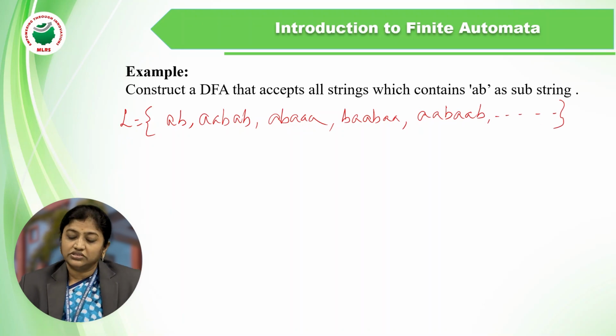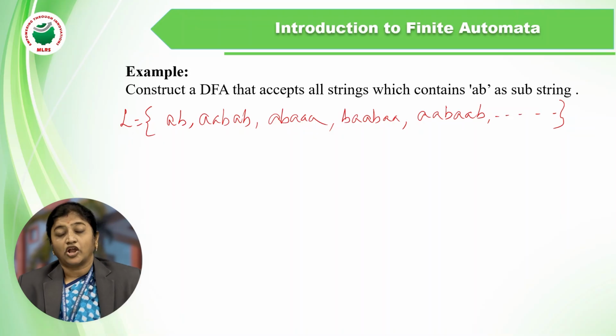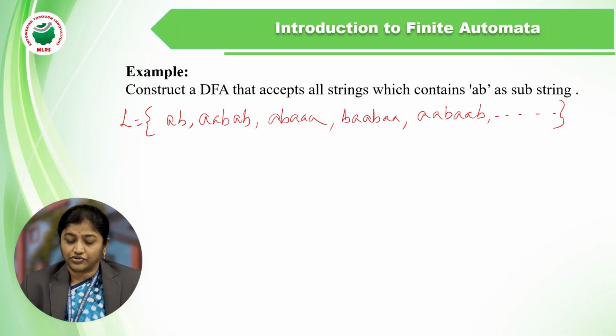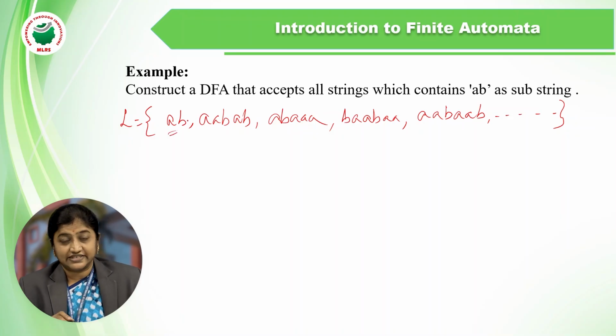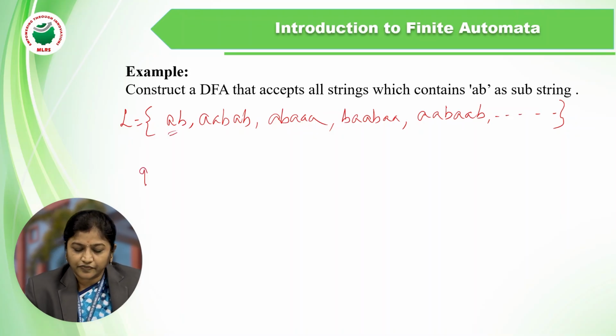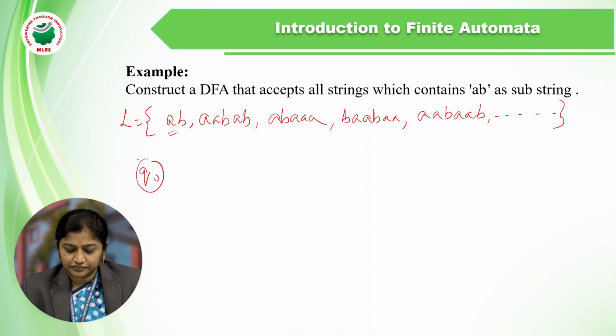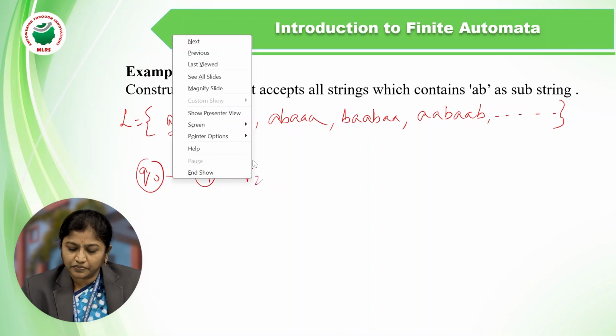And how to draw this transition diagram? How many states are required to draw this? 3 states again, because 2 input symbols, that is AB. So Q0, Q1, Q2.